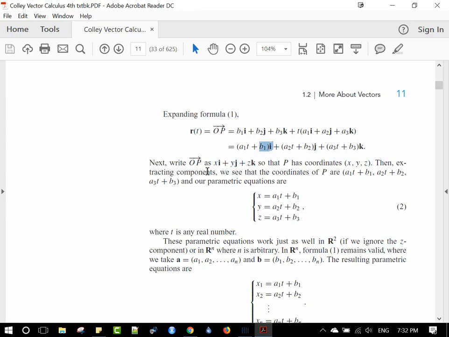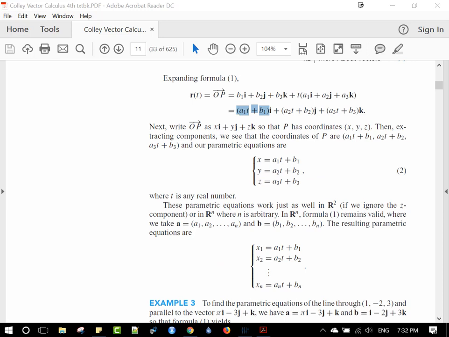X on the left side multiplies the I, and on the right side this multiplies the I, so they must be equal. So we get this, this, and this. And that is our parametric equations for the line that we indicated before in the previous picture.